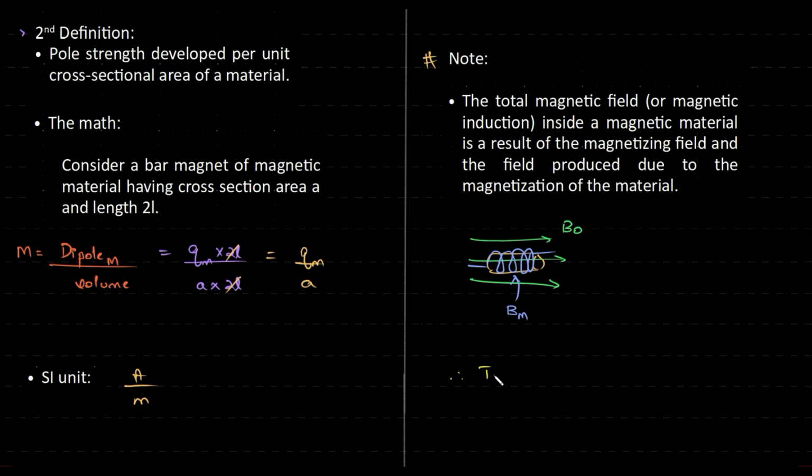Therefore the total magnetic field inside a magnetic material is B equal to B naught plus Bm.